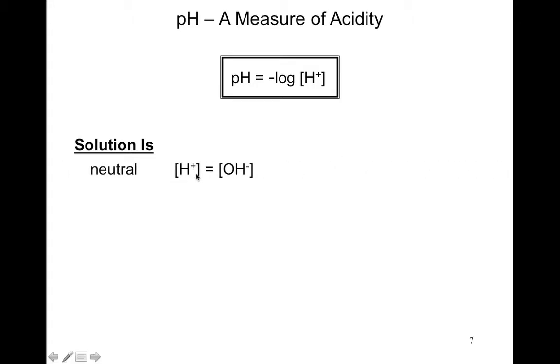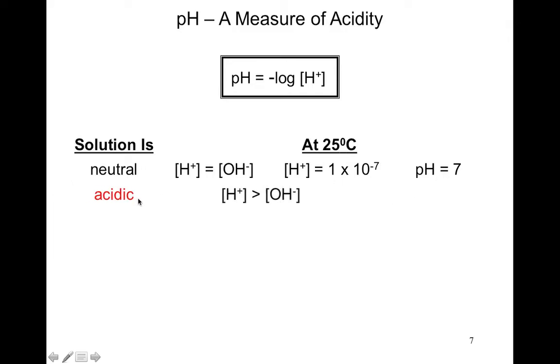So if our solution's neutral, then our hydrogen equals our OH minus. And so our hydrogen would be 1 times 10 to the negative 7. That's half of Kw, so that kind of makes sense. And our pH would be 7. If it's acidic, we're going to have more hydrogens, which we've already talked about. Our hydrogen concentration will be greater than 1 times 10 to the negative 7, or half of Kw.